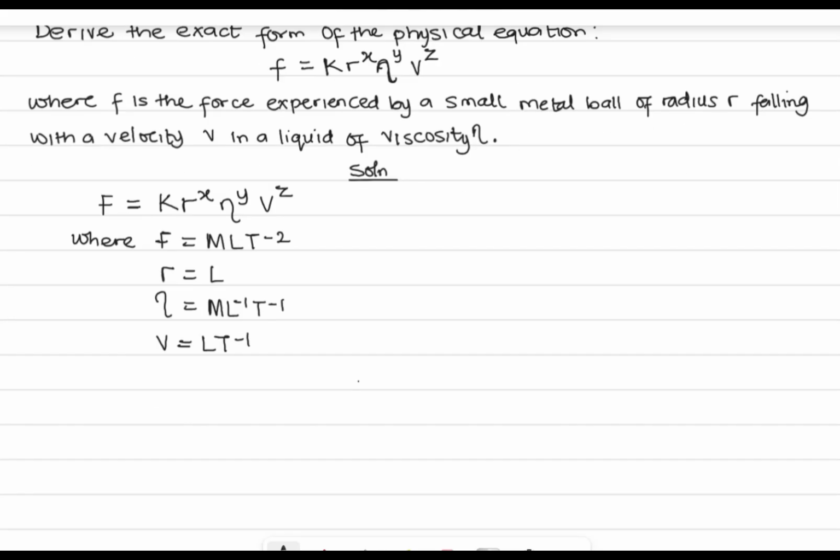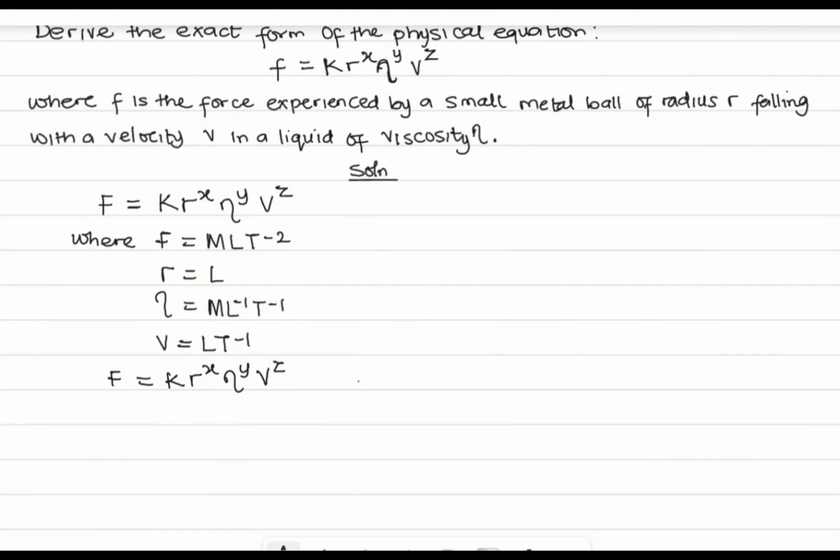So with all of this now, we can come back to the equation, which says F is equal to K r raised to power x, viscosity raised to power y, and velocity raised to power z.